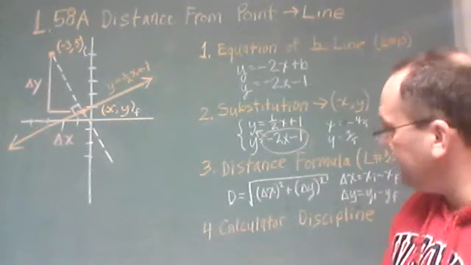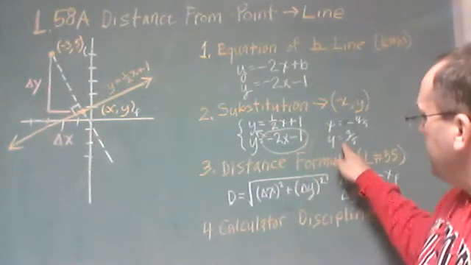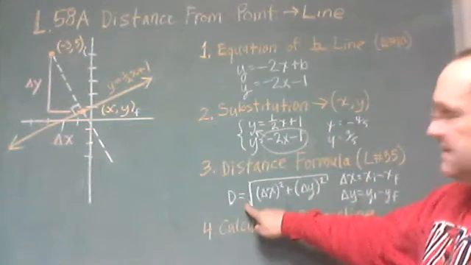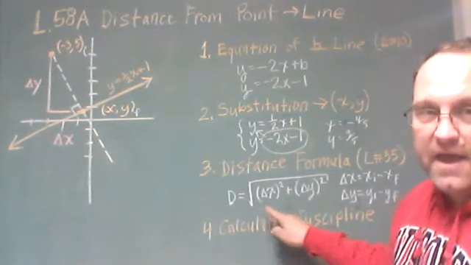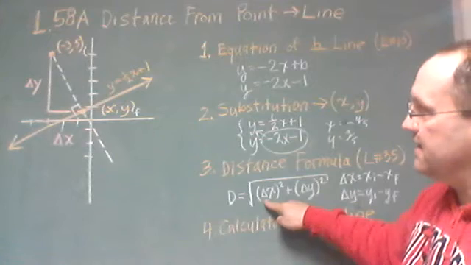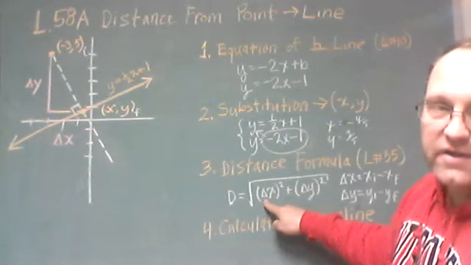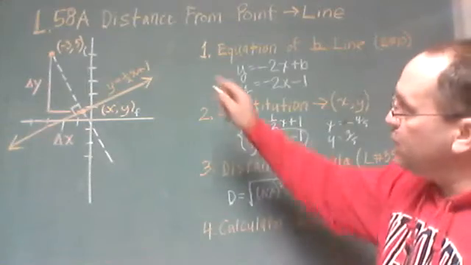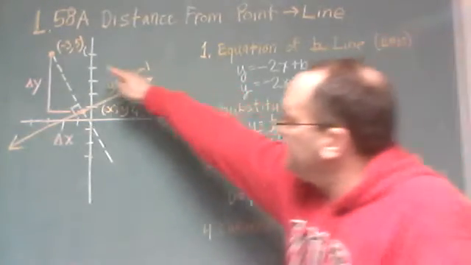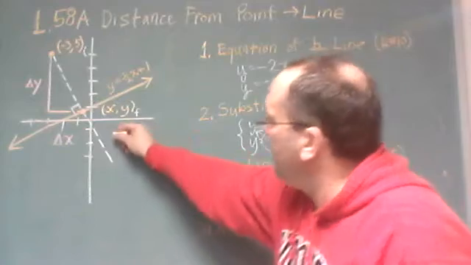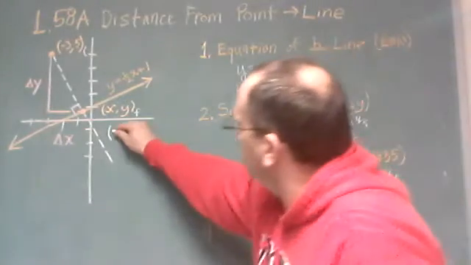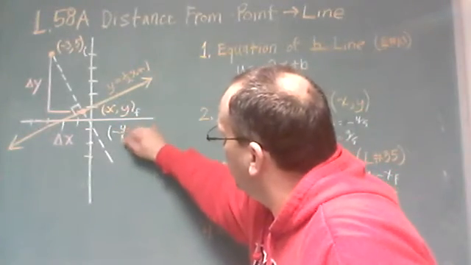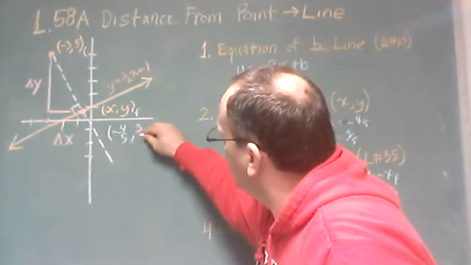Okay? And then what do we do there? Okay? We use our distance formula. Okay? And again, it's the change in the x direction squared plus the change in the y direction squared. And we're going to use our points, minus 3, 5, and our new point that we determined, minus 4/5 and 3/5.